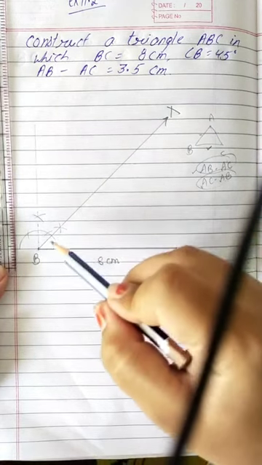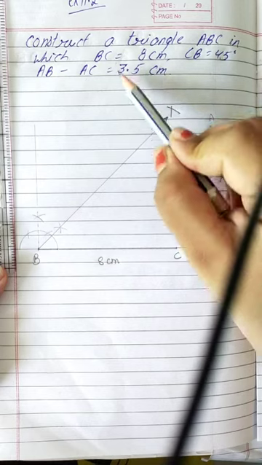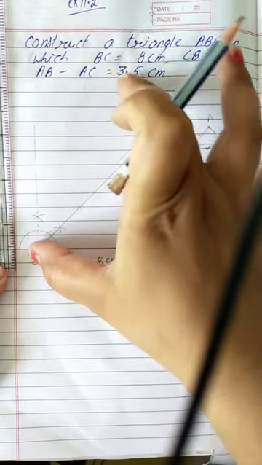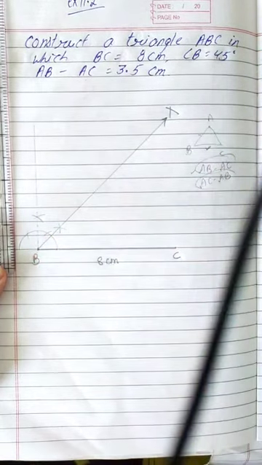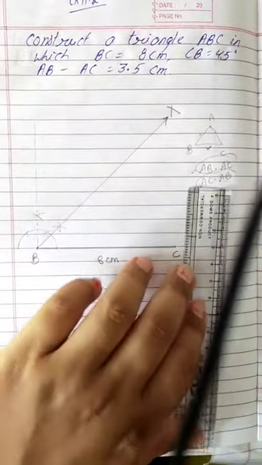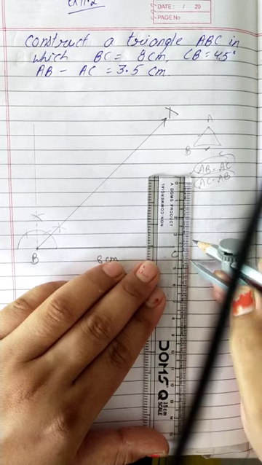Now next we are given this difference. So on this ray BX we have to mark an arc that will be 3.5 and name that point D. So how we'll do it? Using the scale. Measure 3.5 first of all. This is 3.5.